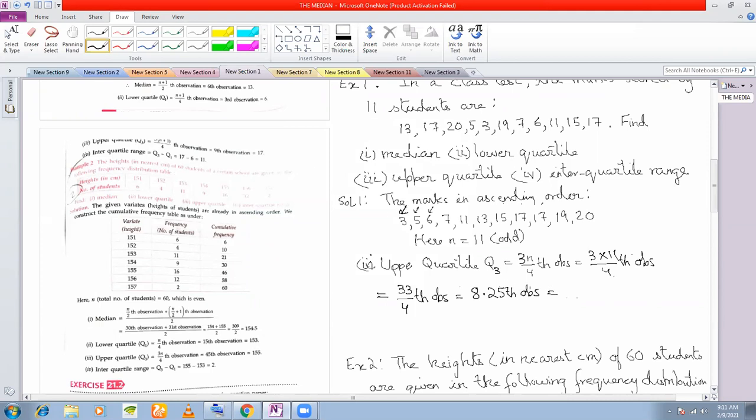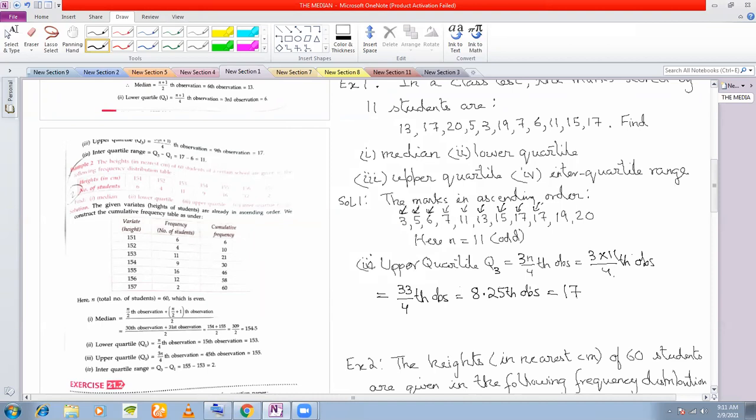That means first, second, third, fourth, fifth, sixth, seventh, eighth, and ninth. So you have the 9th observation as 17, and that is your upper quartile.